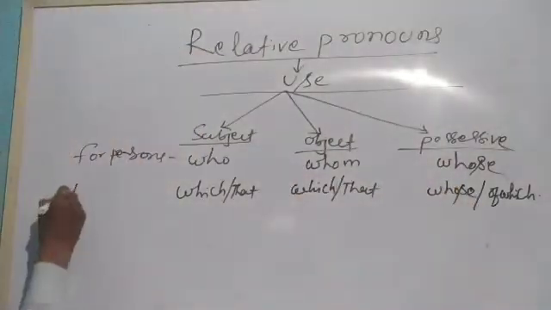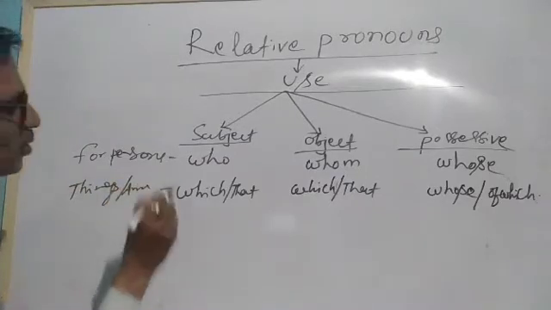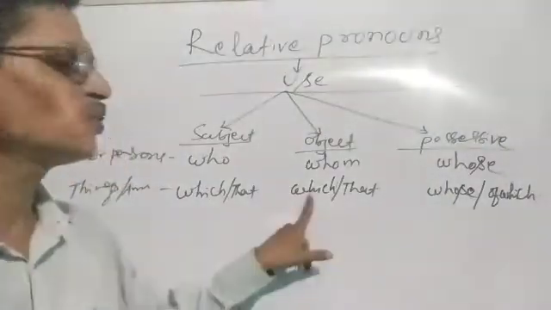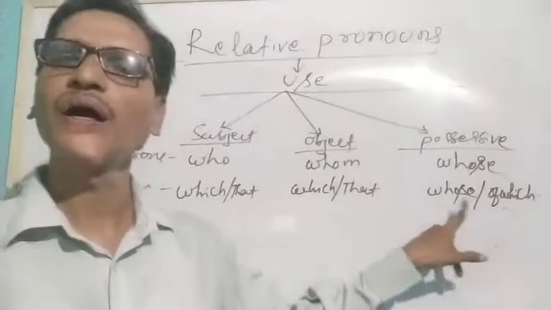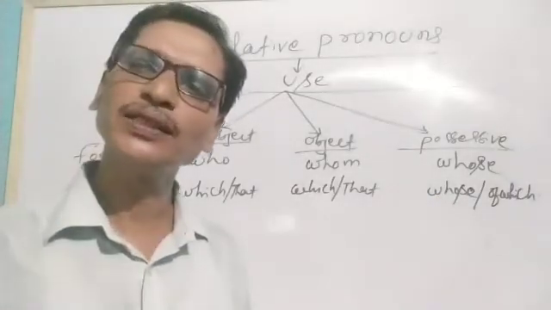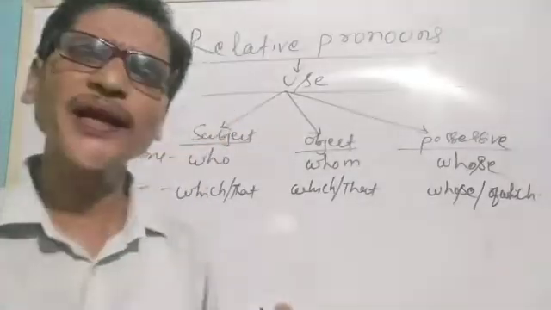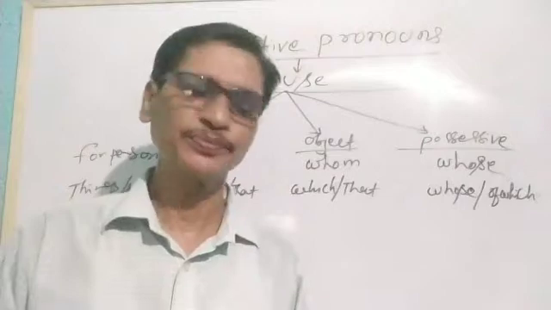Similarly, when we talk about things or animals, we use which or that as a subject, which or that as an object, and whose or of which as possessives. For that we did discuss several examples from your exercise 30.